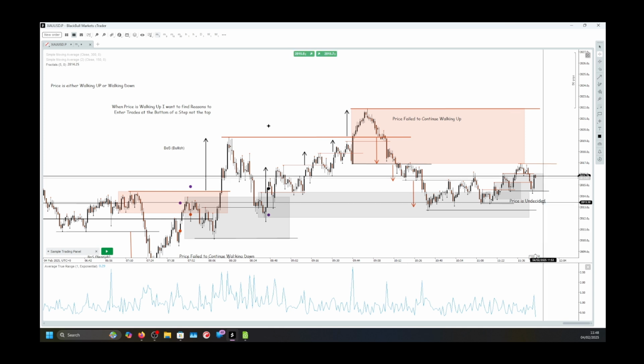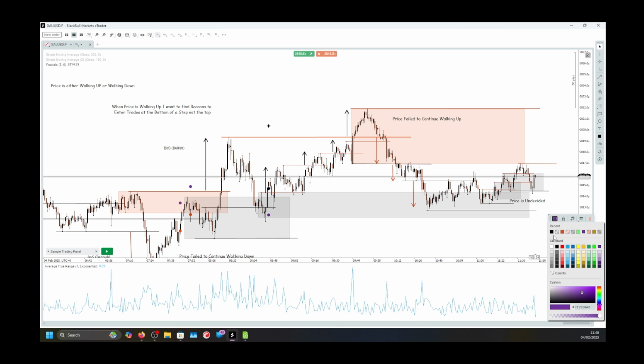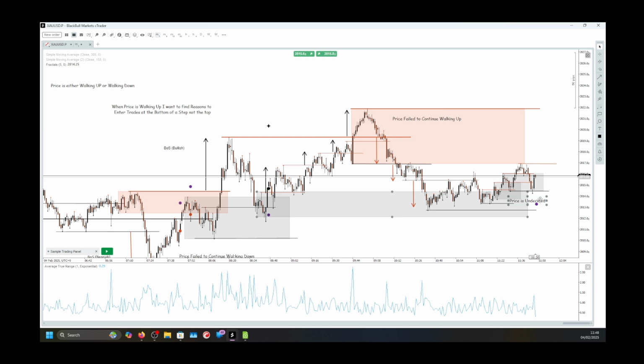So that would put my stop down here. So if I went long in there somewhere, that would be where my stop would be.